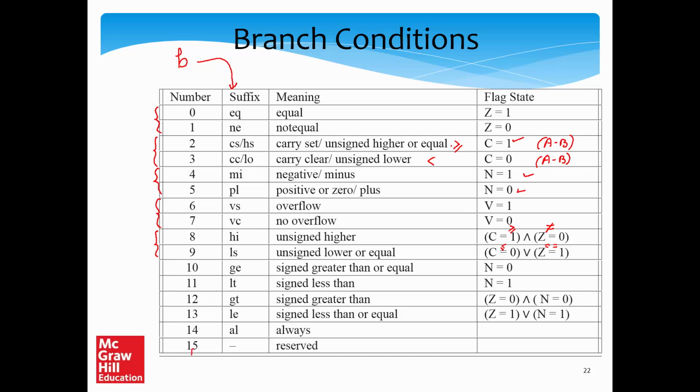C equal to 0 denotes that number A is strictly less than B, so this is unsigned lower. So this is either that condition or it is strictly equal.